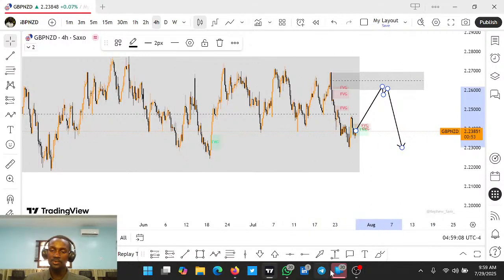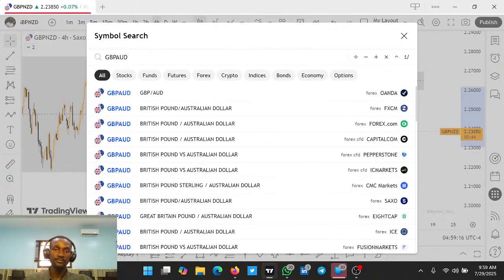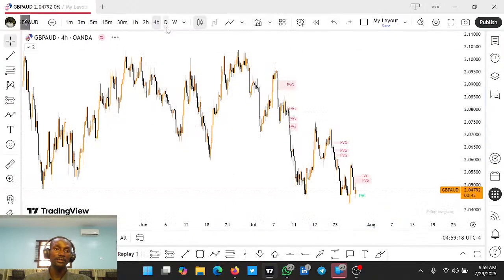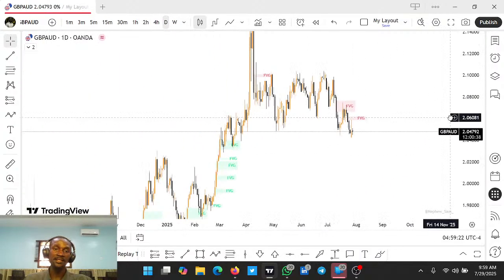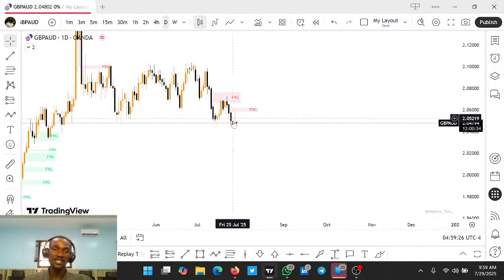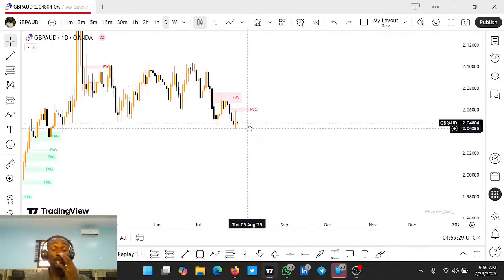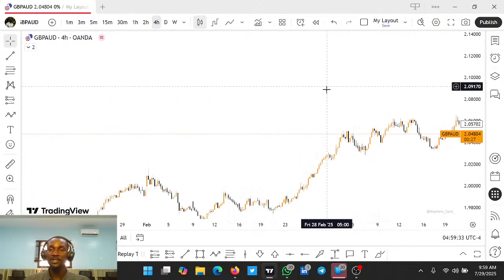You said we should look at GBP AUD. Okay, GBP AUD clearly sells. You can see the market has been selling, so I'm looking for an opportunity to sell GBP. I've used my bias from the daily time frame.